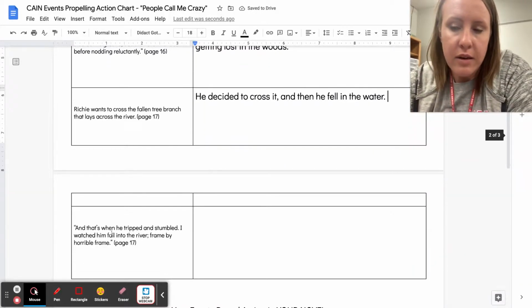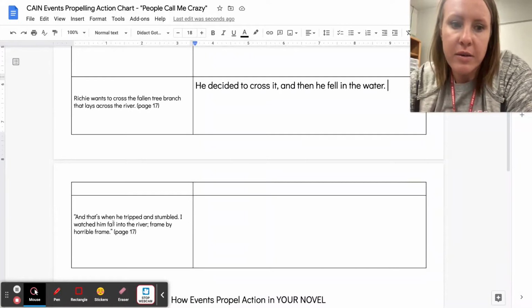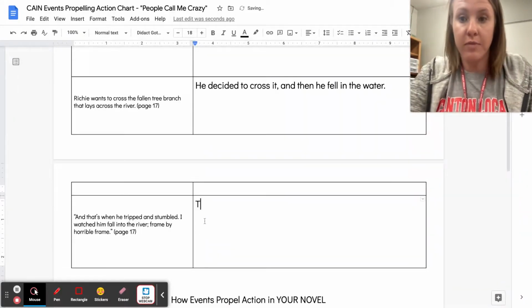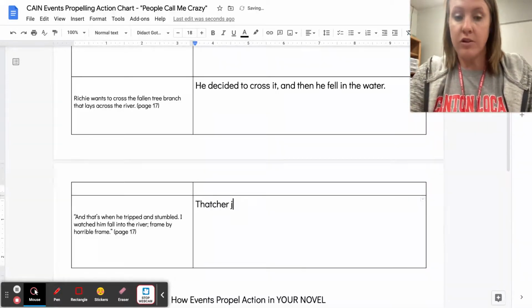And then the last one that we have for you is when he tripped and stumbled. "I watched him fall into the river, frame by horrible frame." So he falls into the river. Because Richie fell in the river, Thatcher jumped into the river to save him.